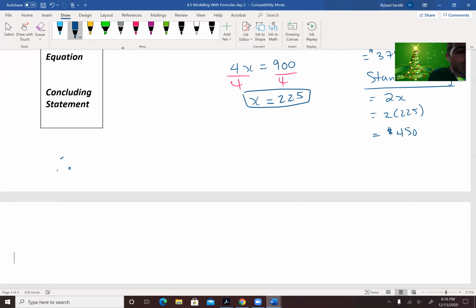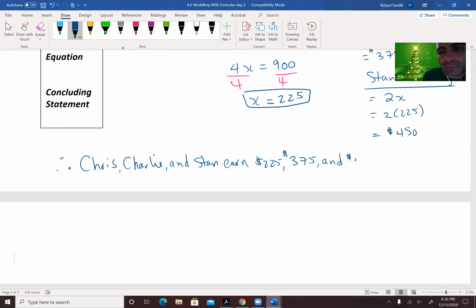Therefore, Chris, Charlie, and Stan earn 225, 375, and 450 per week, respectively.